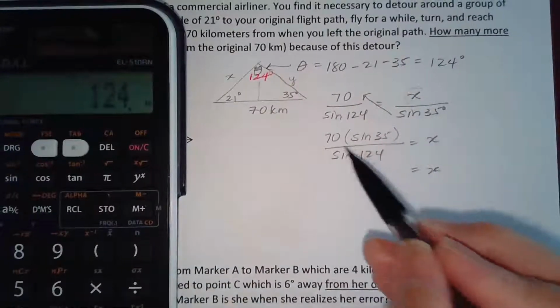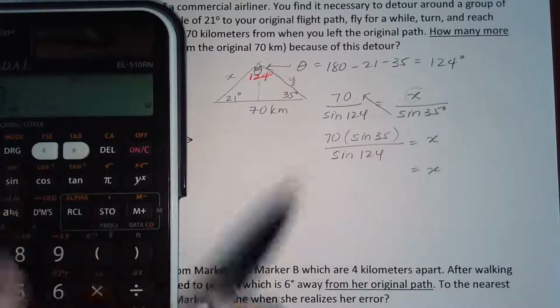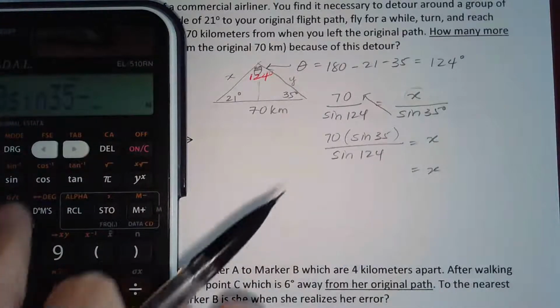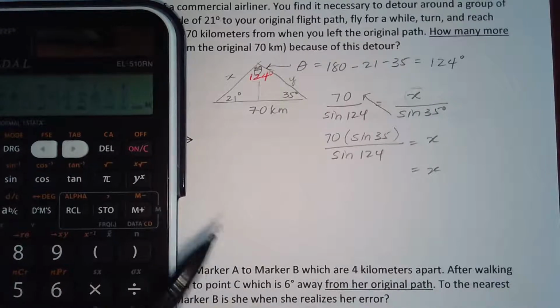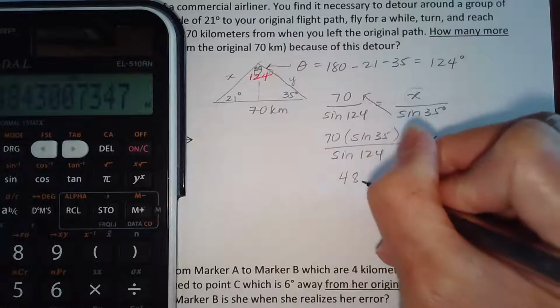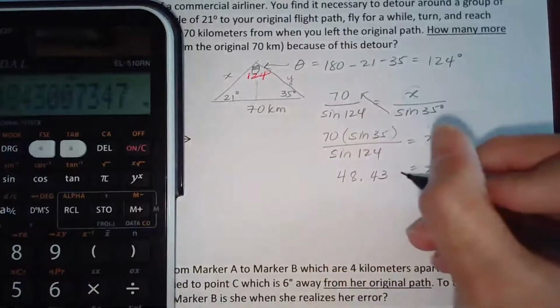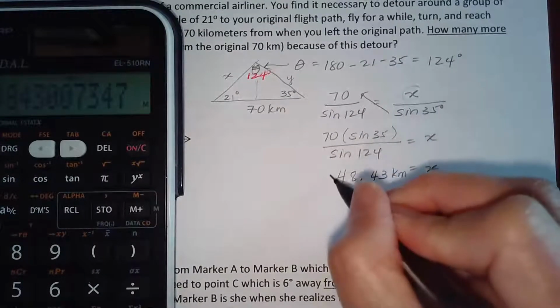This one's just a matter of typing that in. So let's go ahead and type that in. And I get 48.43, and the sides are measured in kilometers.